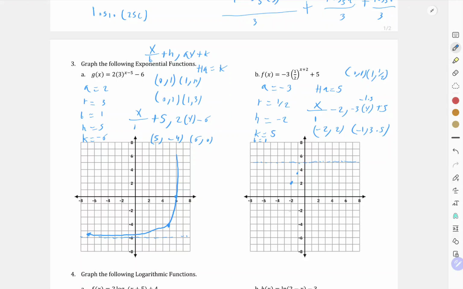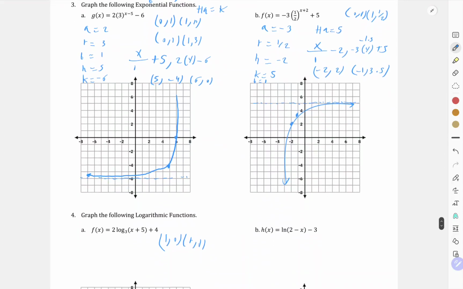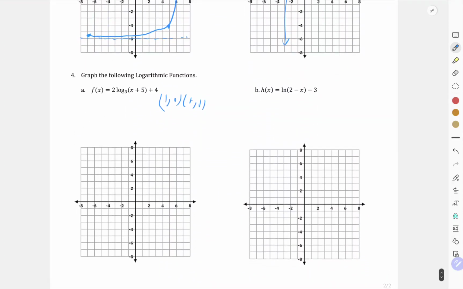Okay, no, actually the b is not negative, so I would say it just goes like this. Well, that works. And that is the exponential of this equation.